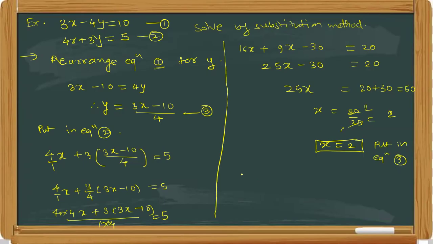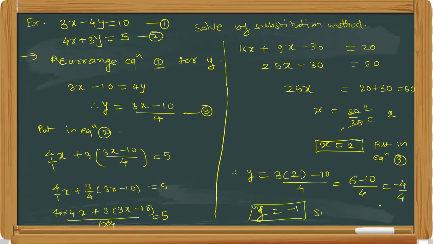Then it becomes what? y equals 3 into 2 minus 10 upon 4. That is 6 minus 10 upon 4, minus 4 upon 4. So you have got y equals minus 1. And the solution is 2, minus 1. That's the answer.